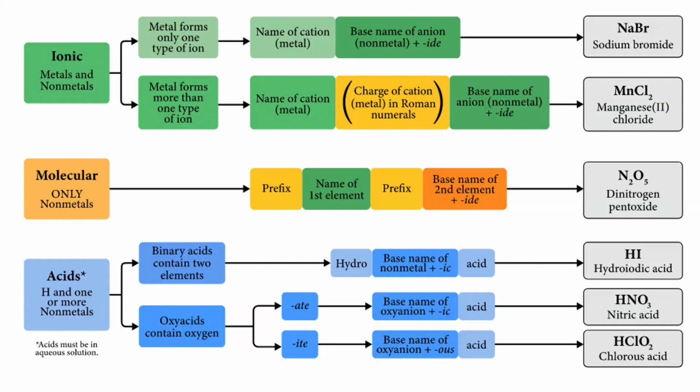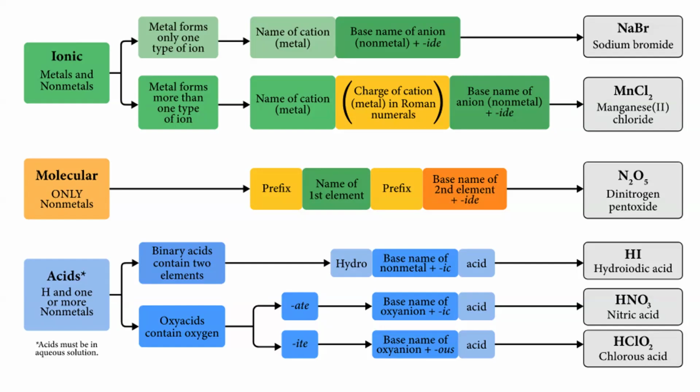Now we name it as an acid. What would we name this? So -ate means -ic. Technically it would be sulfic acid, but it's a little bit irregular the way you conjugate it.